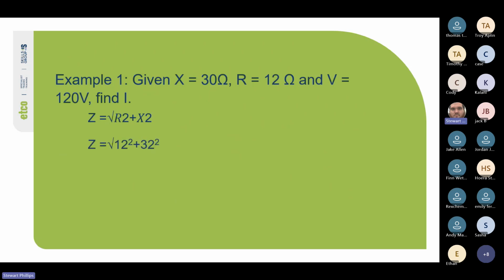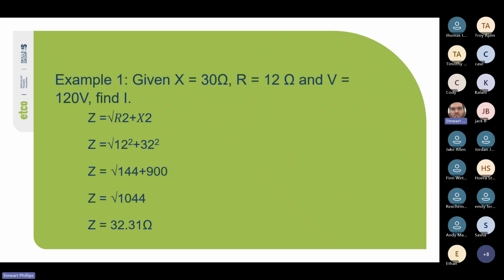So we have our 12 ohms and our 30 ohms from our resistance and our reactance respectively. And then from there, we go to the square root of 144 plus 900, which gives us the square root of 1044, which gives us an impedance of 32.31 ohms.